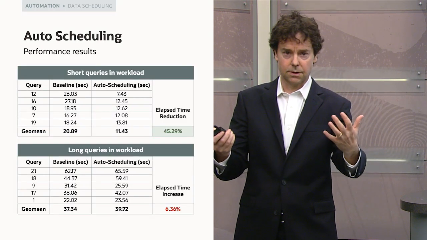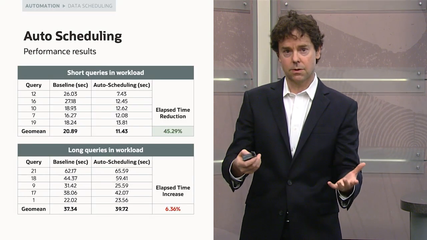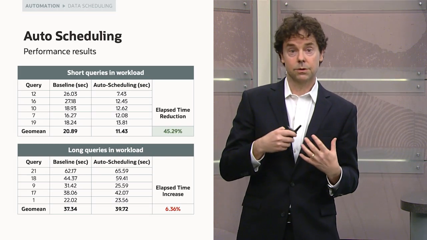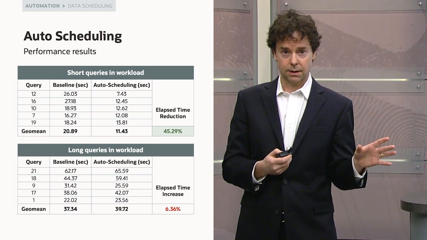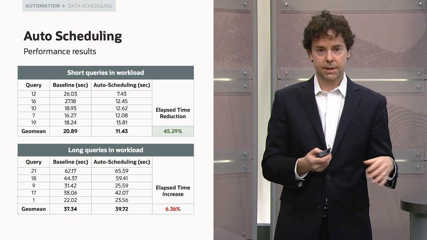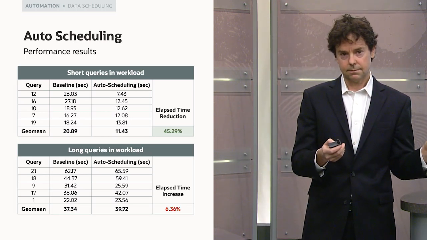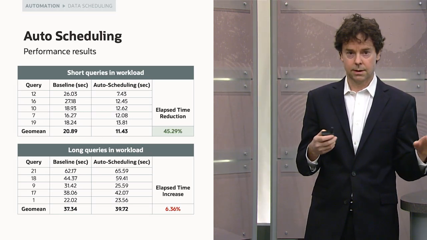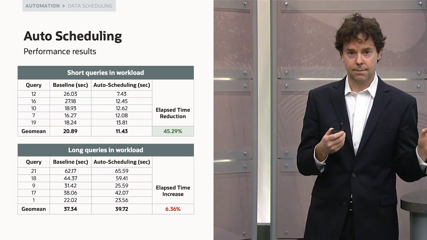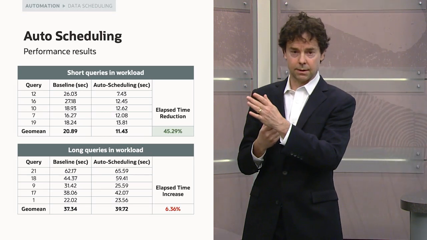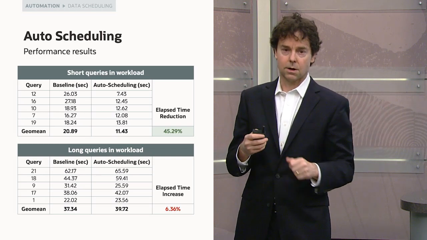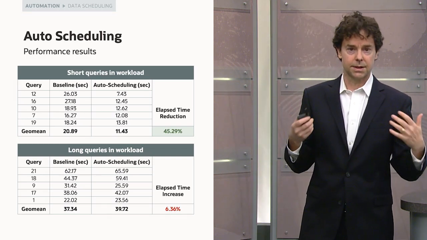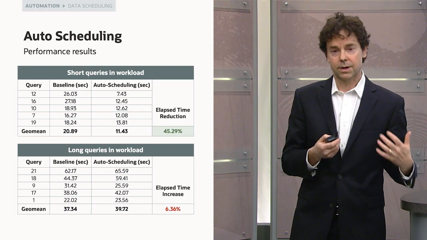So here's some data showing what happened when we used MySQL Autopilot auto scheduling with TPC-H. Now, some of the queries are very short, okay, and those queries, their elapsed time shrank by 45%. So the short queries that correspond to interactive screens in an application, they finished 45% faster.